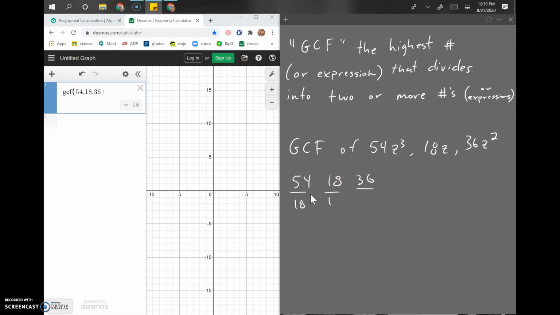So 18 is a number that goes into all of them evenly, and it is the largest number that goes into all of them evenly. So our greatest common factor, the number portion, is 18.